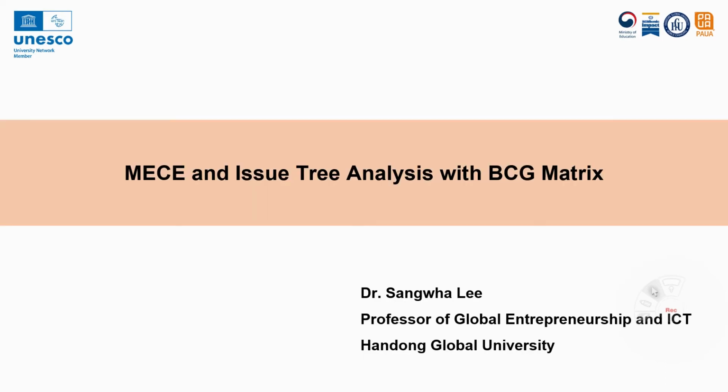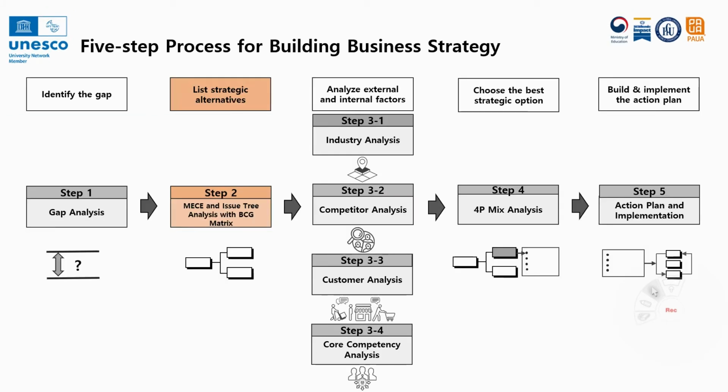When listing strategic alternatives, MECE and issue tree analysis are quite powerful tools for listing strategic alternatives. And during this class, I will also introduce the BCG Matrix as well.